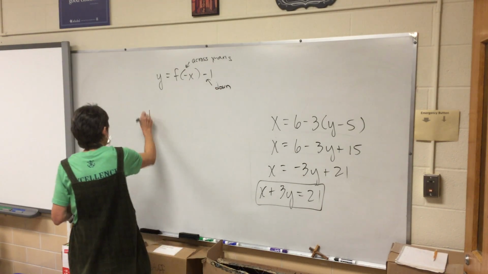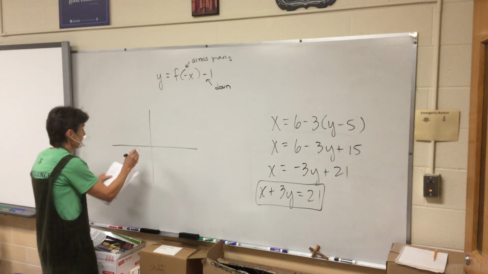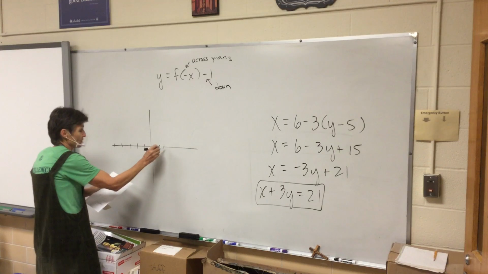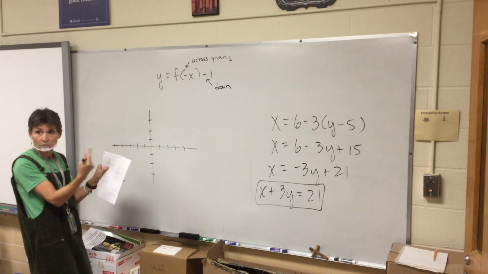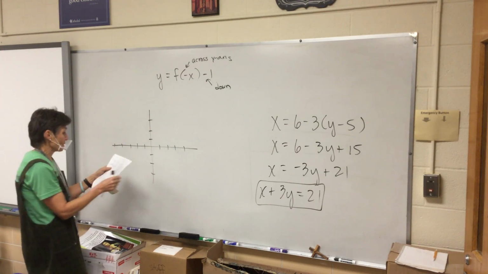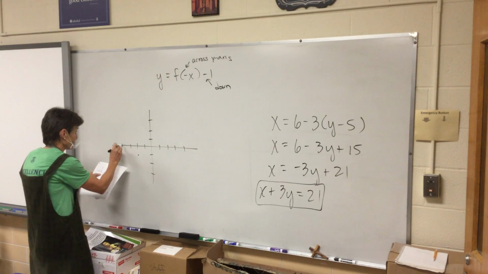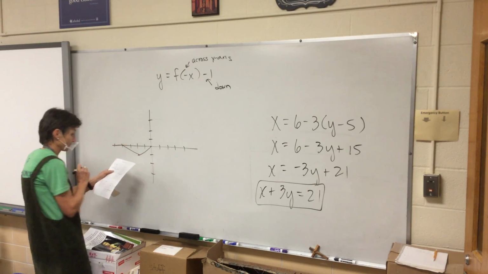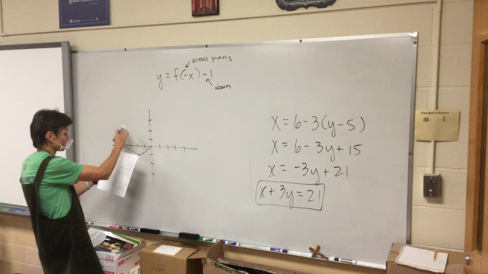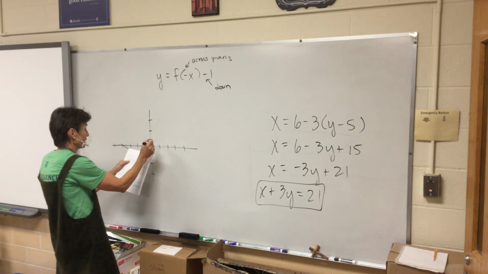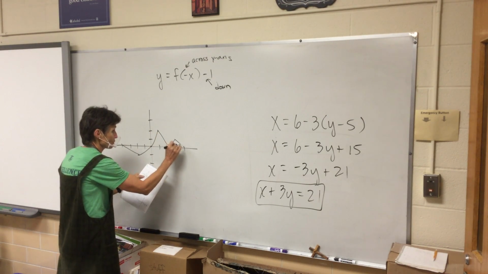Always start in the parentheses first. So I've got my original picture, and I'm just going to start by reflecting the original across the y-axis. The triangle in the original that's down here is going to come over here. And the taller triangle on the left is going to be over here, and so is the shorter one.